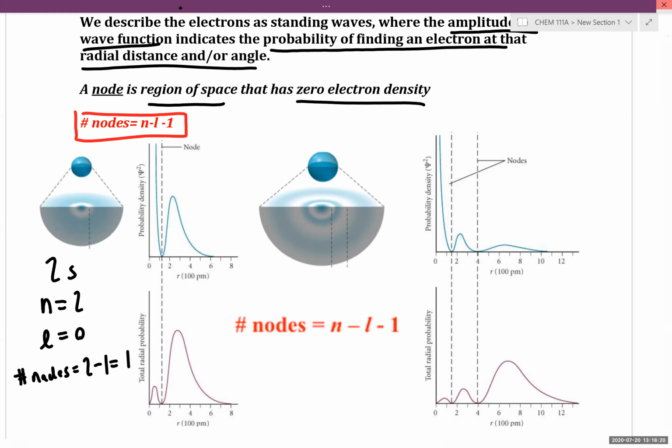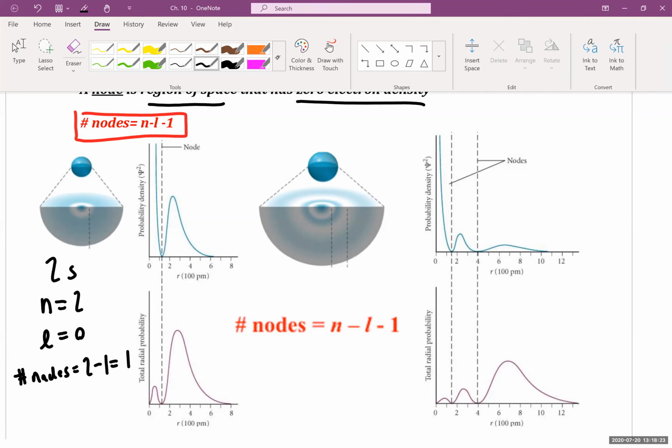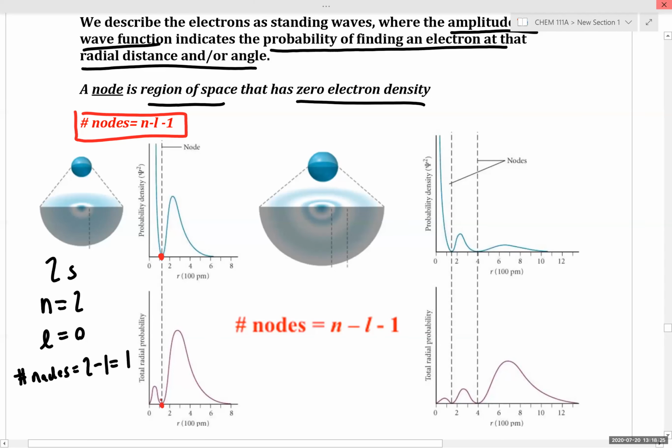And as we can clearly see from our probability density diagrams, for our 2s orbital, how many nodes do we see? How many regions of 0 probability of finding an electron do we see? In either our picture or our graphical representation, how many regions of 0 electron density do we see?